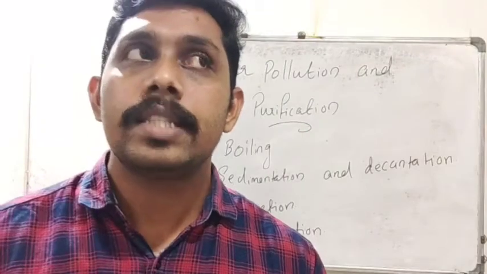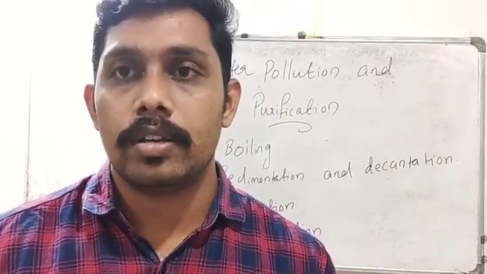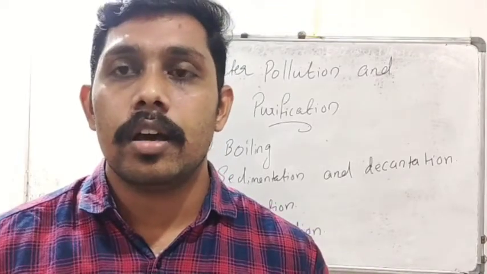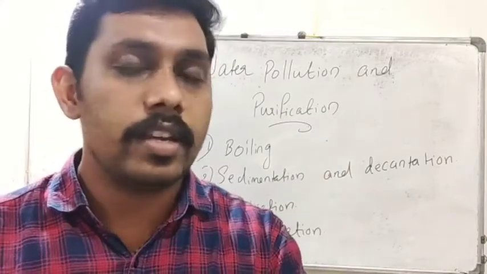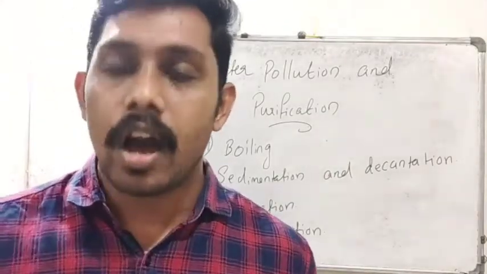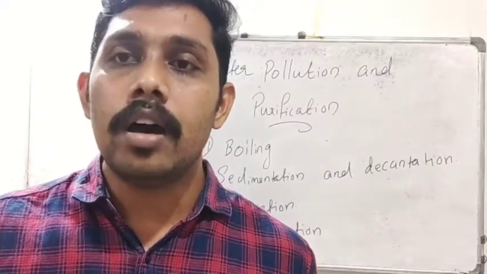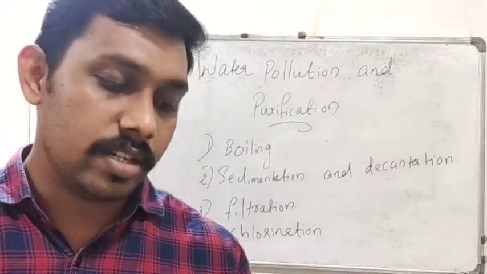We know that some impurities do not dissolve in water. It is because they are heavy or large particles, so they will never dissolve in water. Such particles are removed from the water by the process called sedimentation and decantation.